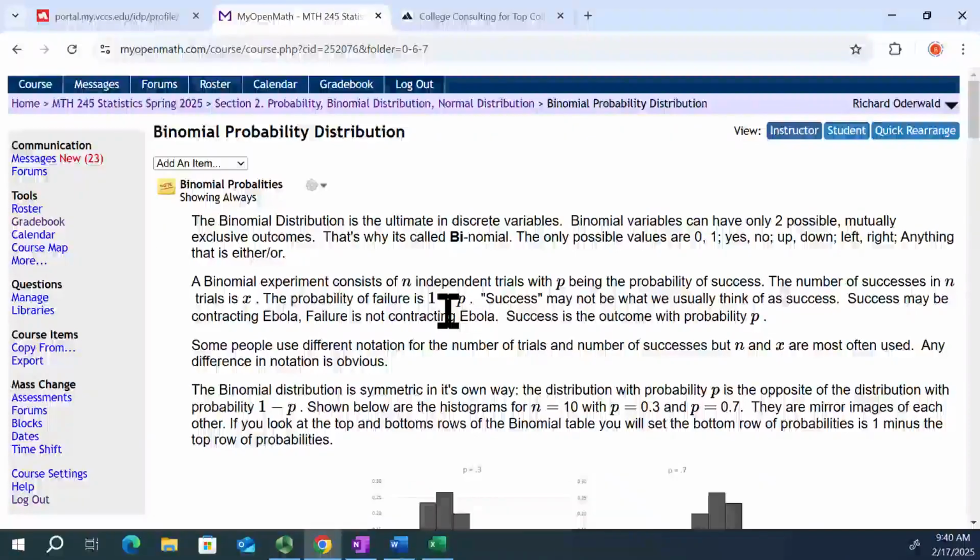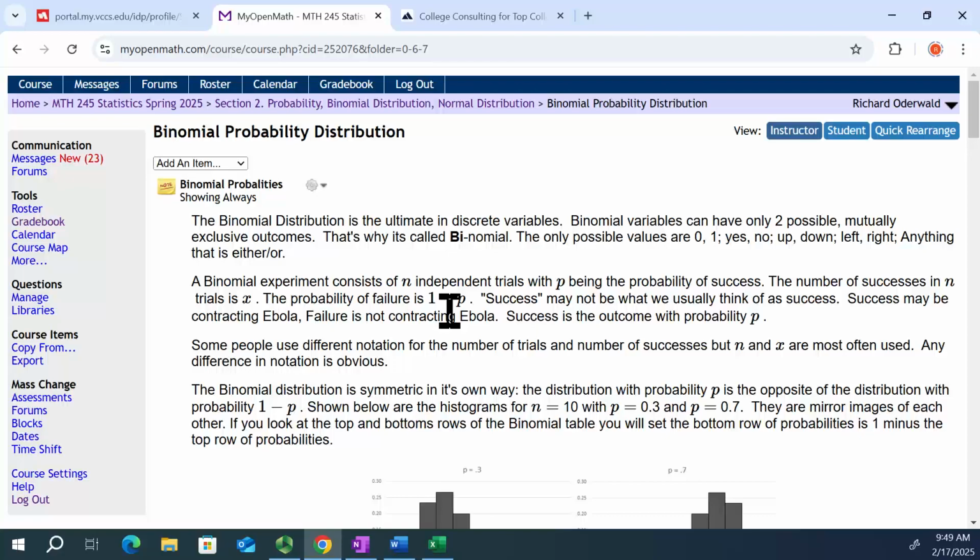And this is used a lot in quality control. So it is a probability of success or failure. And a success may not be what you think of as a success. It can be contracting Ebola. It can be having a defect, right?